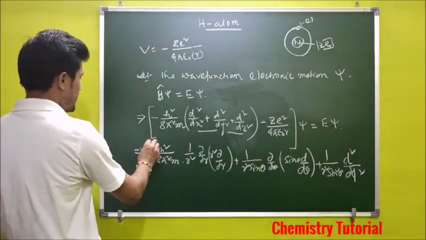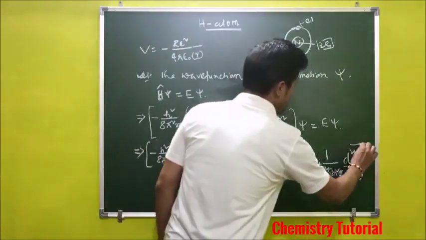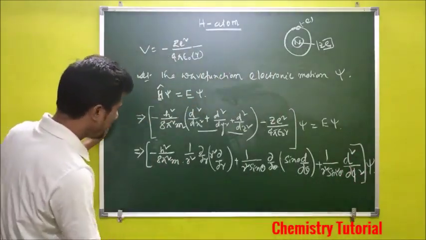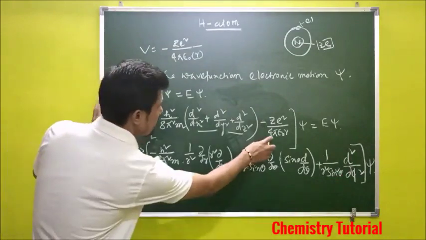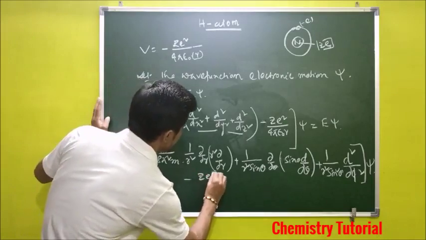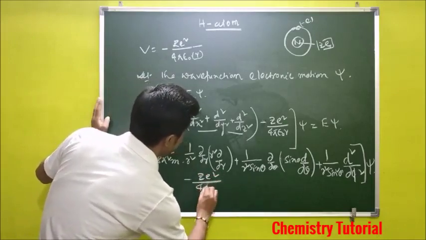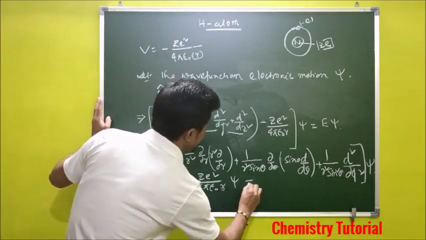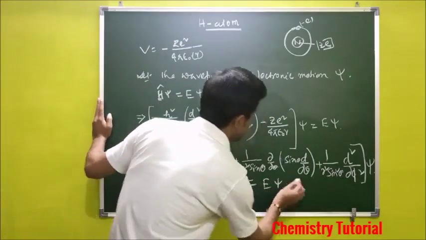So this is the kinetic energy operator in terms of polar coordinates. This would be psi, and we will be left with the potential energy operator, Z square over 4 pi epsilon naught r, into psi, is equal to E of psi.